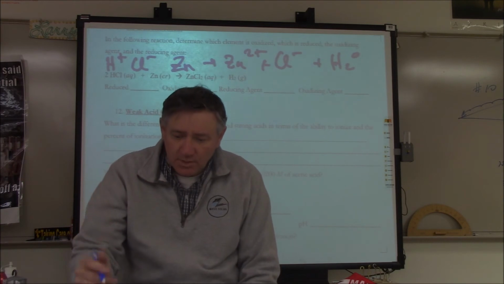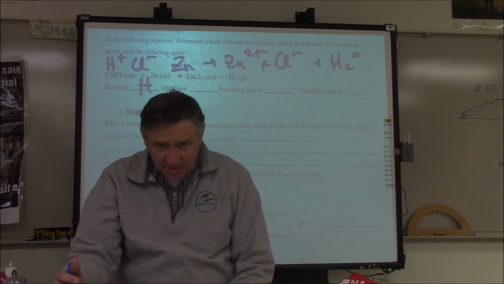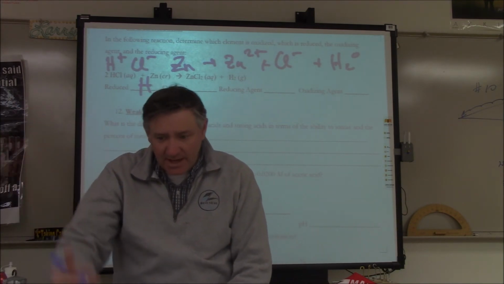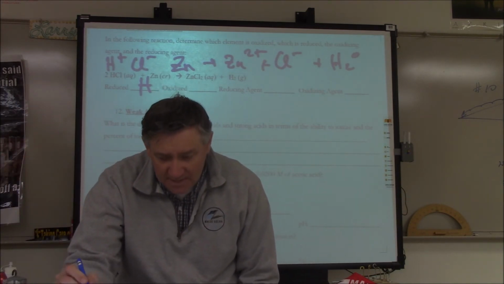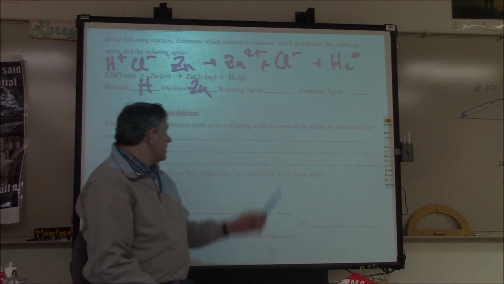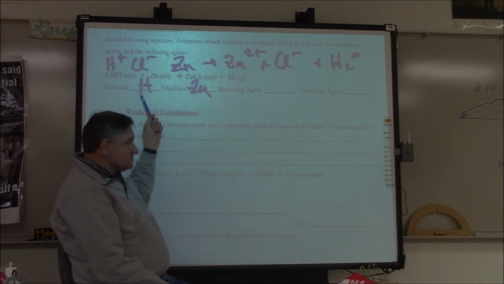So when you look at what's reduced, that's your hydrogen, okay? Because it gained an electron to form hydrogen gas. What's oxidized is the metal, so that's going to be your zinc. So metals tend to be oxidized, non-metals tend to be reduced.